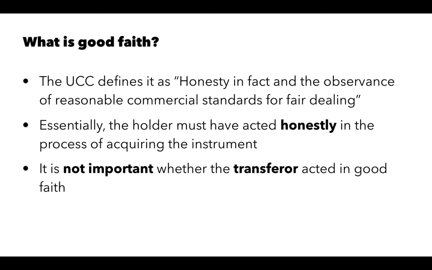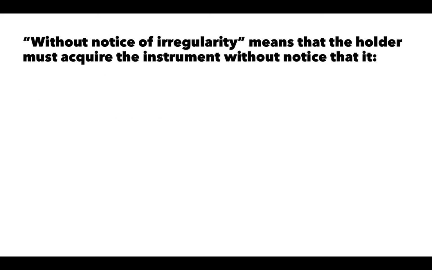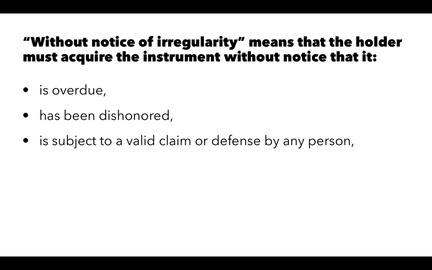And finally, without notice of irregularity. Without notice of irregularity means that the holder must acquire the instrument without notice that it's overdue or has previously been dishonored, is subject to a valid claim or defense by any person.